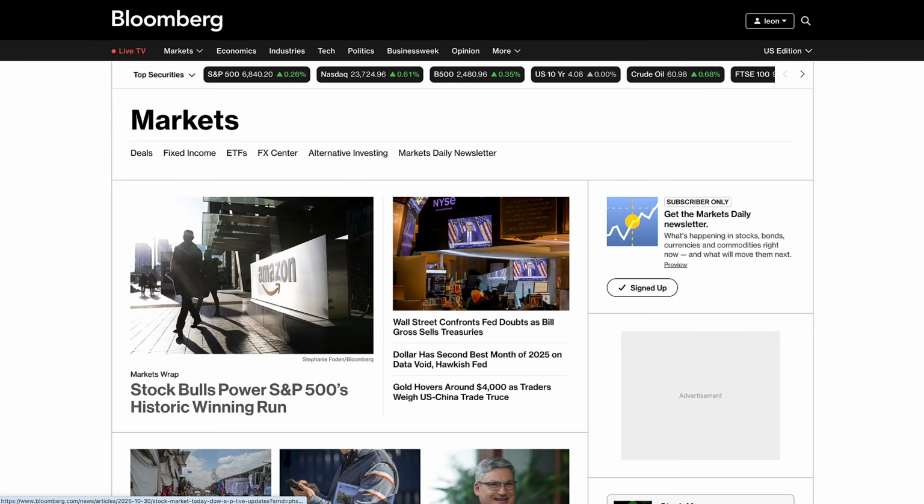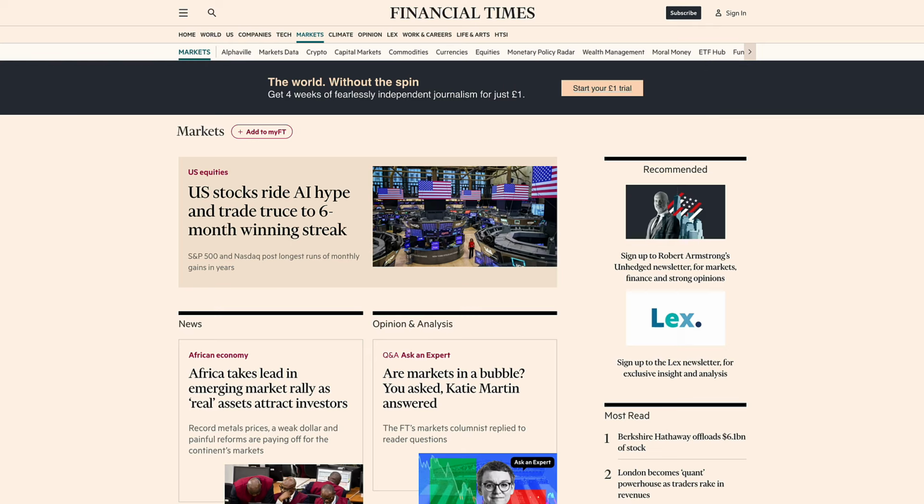In terms of the markets, it's talking about stock bulls powering the S&P 500's historic winning run, and there's really nothing here generating any kind of fear, uncertainty, or doubt. The front page of the Financial Times says US stocks ride AI hype and trade truce to a 6-month winning streak. So again, nothing about, for example, a risk off event, which would be maybe a trade deal not going right between China and the US. But again, that's not really on front pages anymore.